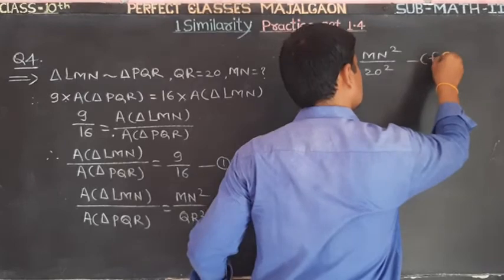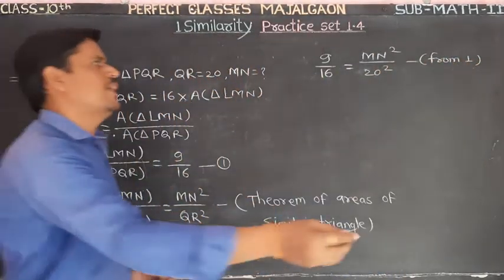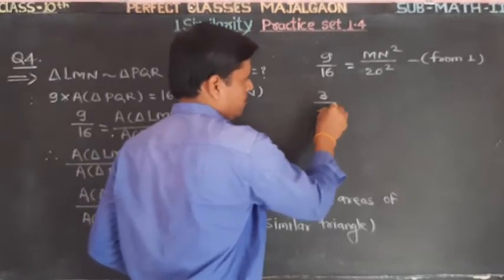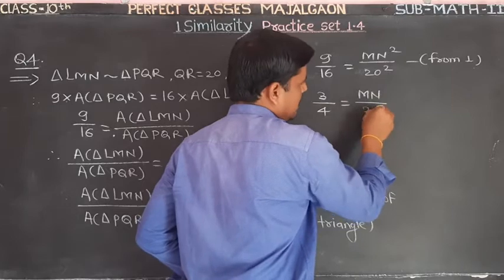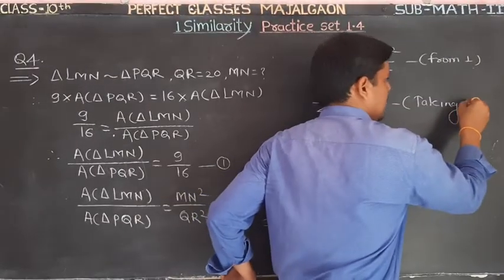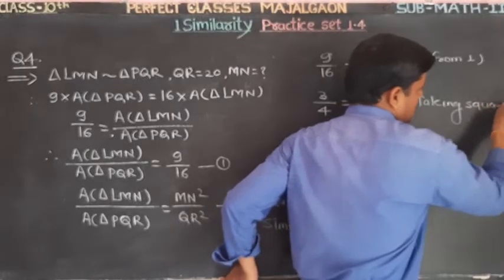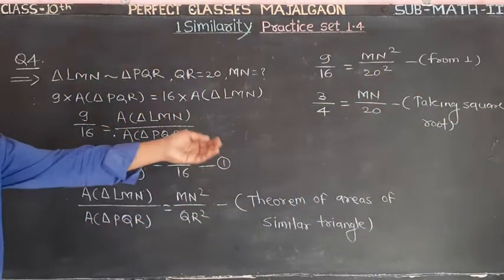Taking the square root of both sides, we get 3 upon 4 equals MN upon 20.